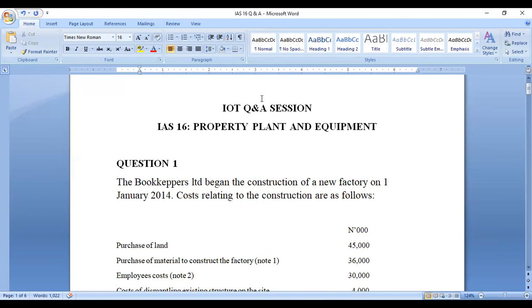So one of the things IAS 16 deals with is how to classify cost, that is, the components of cost. Before we say a particular item is 50 million naira, what are those costs we have put into consideration before we arrived at that particular cost?